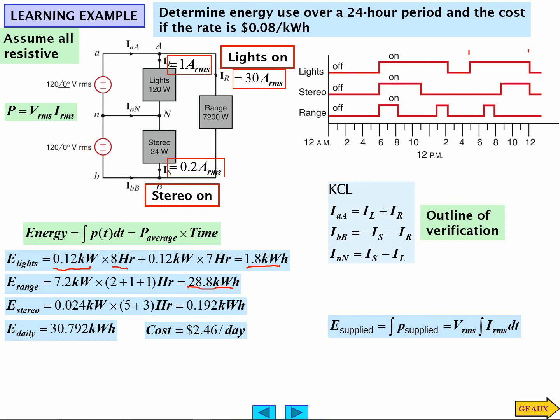That's the idea here, to verify. And it's just an outline to verify. So how much you're supplying should equal how much you're consuming. And it's a verification step. It's just a second way to check if everything makes sense in this problem.